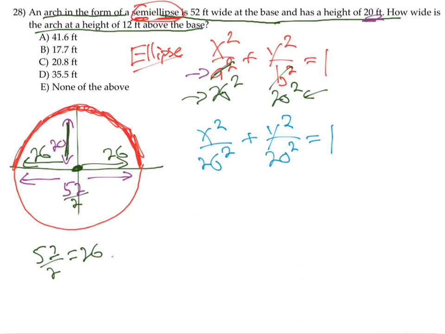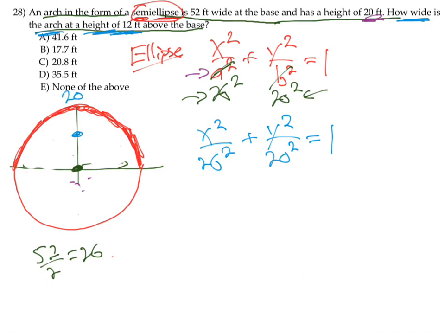Now, what are we trying to figure out? What's their actual question? Let me put it on the picture here. Their actual question is how wide is the arch at a height of 12 feet. 12 feet is a little more than half, because it's 20 all the way to the top.